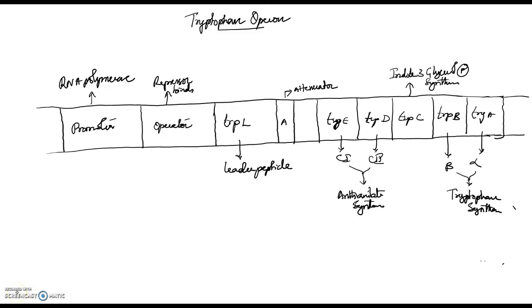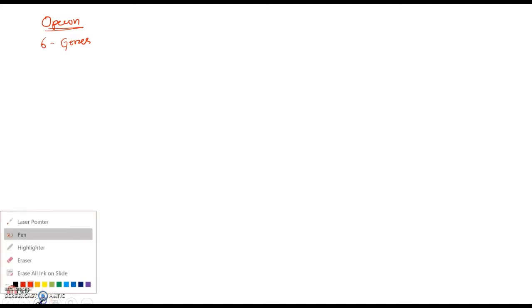So let us look at this once again. What are the components of the operon? The components of the operon are 6 genes. What are those genes?